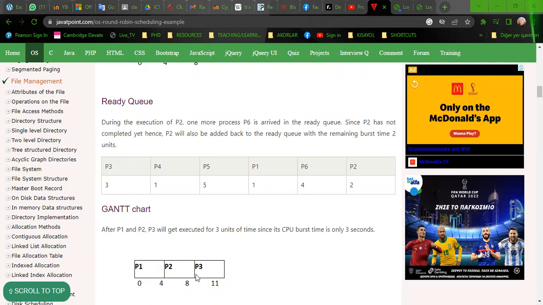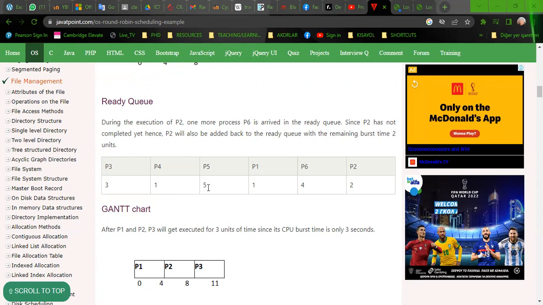So the next one is P1, P3 will execute 3 nanoseconds. Then P4 will execute 1 nanosecond. And P5 will execute 4 nanoseconds.